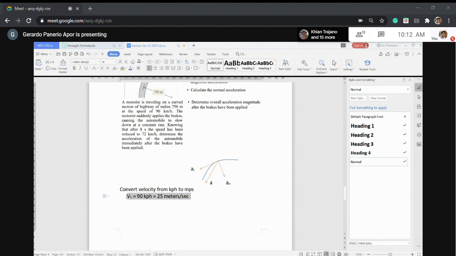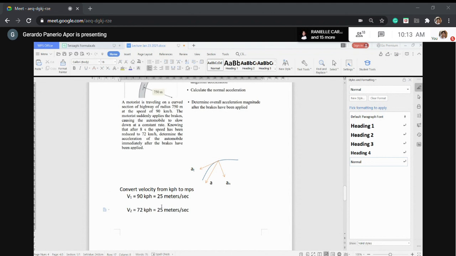Then the next is we copy this so we can convert the other velocity. Now this is after 8 seconds, the 72.